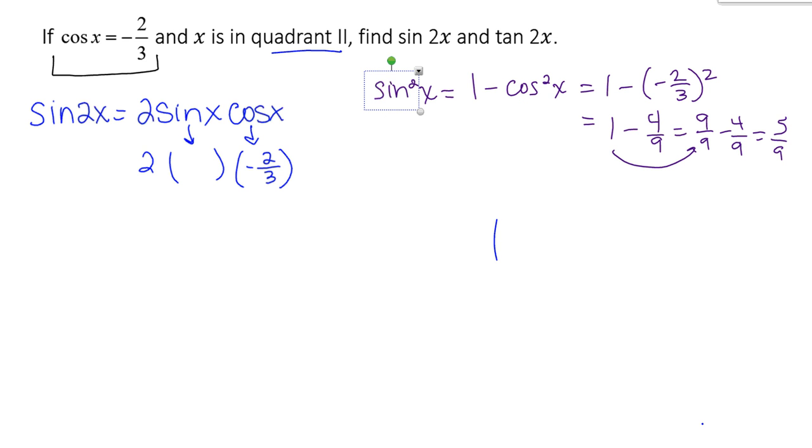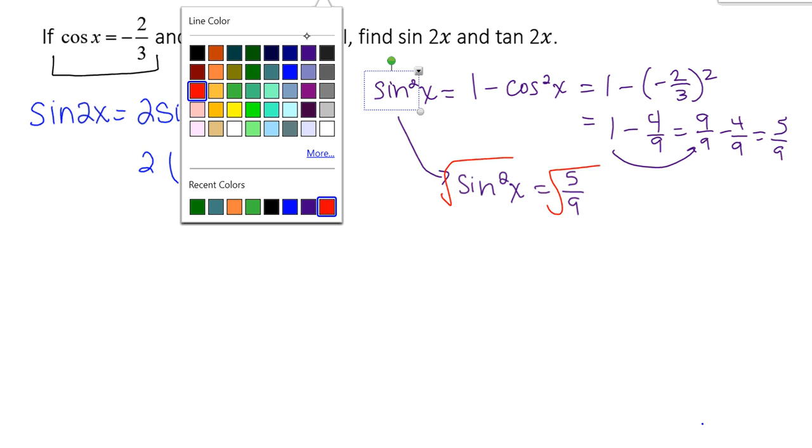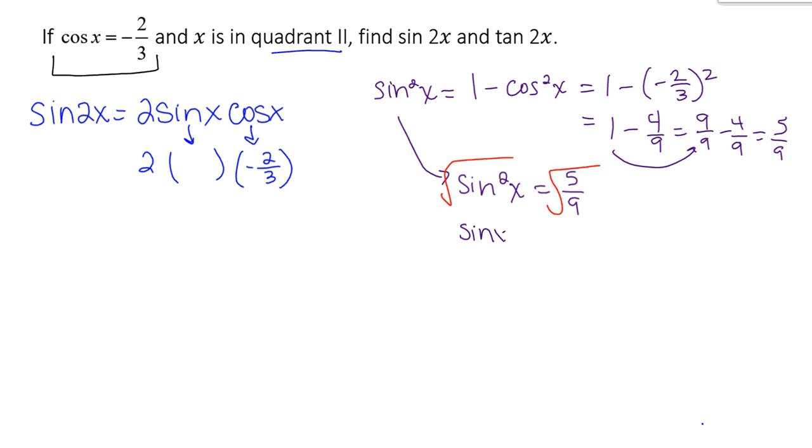All right, so sine squared of x equals 5 over 9. If we square root both sides, then we've got that the sine of x equals the square root of 5 over the square root of 9, which is the square root of 5 over 3, plus or minus, though. We've got 2 of them.